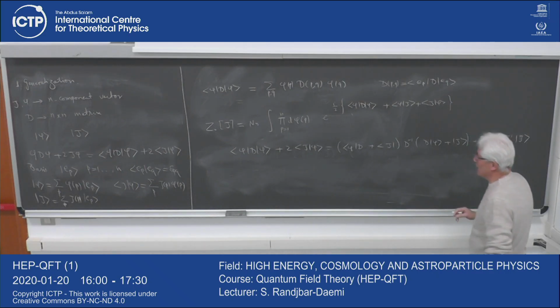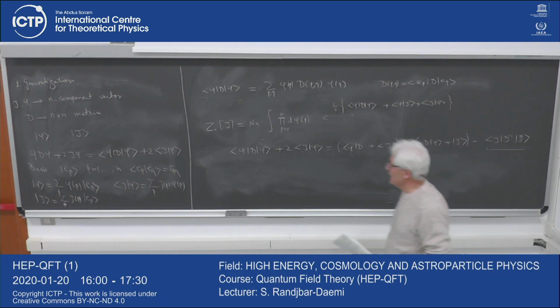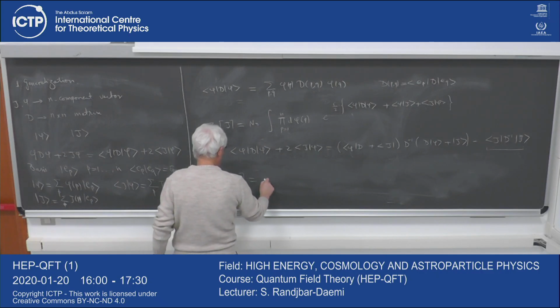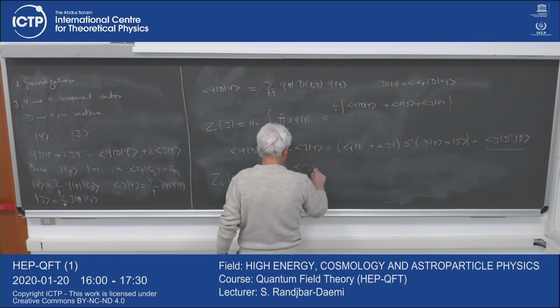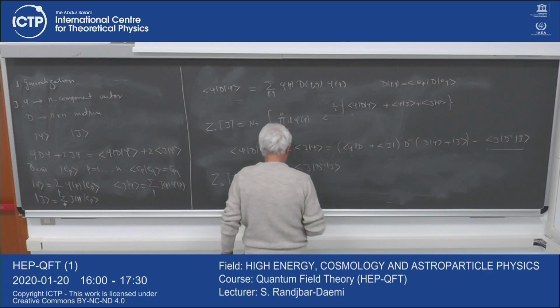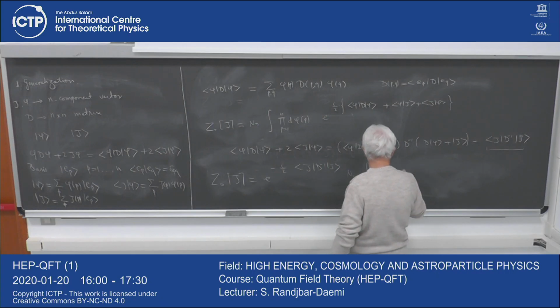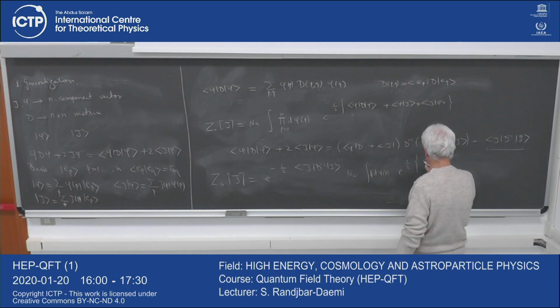So anyway, written in this form, we have isolated the J dependence, and as before, Z of J becomes exponential of minus i divided by 2, J D inverse J, times N0 times the integral over phi of exponential of i over 2 of this long expression, which is independent of J, as in the one-dimensional case.